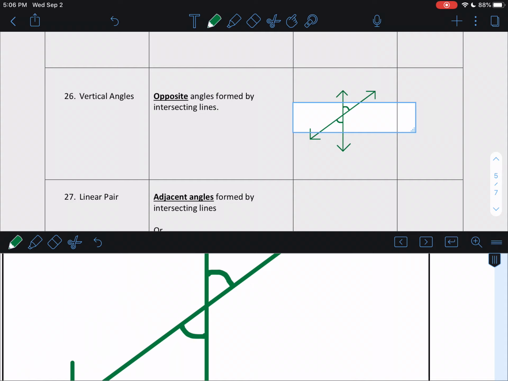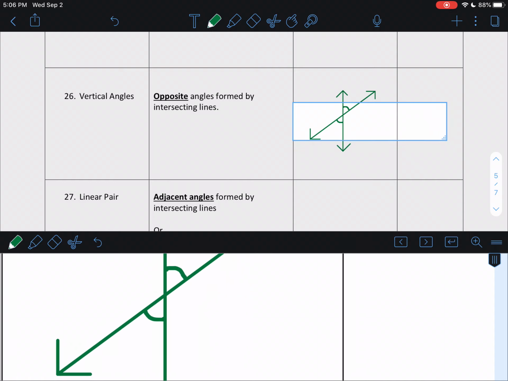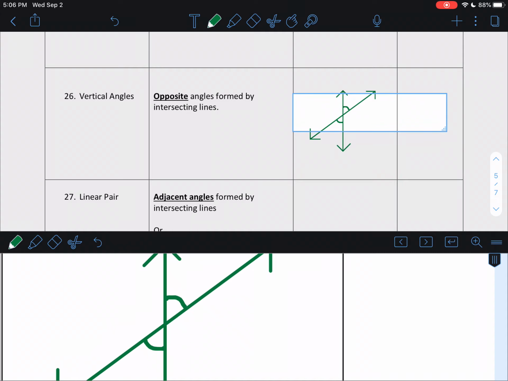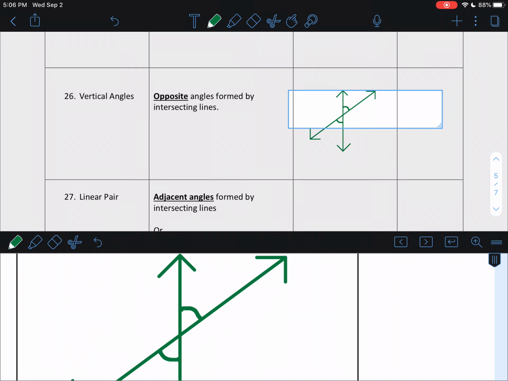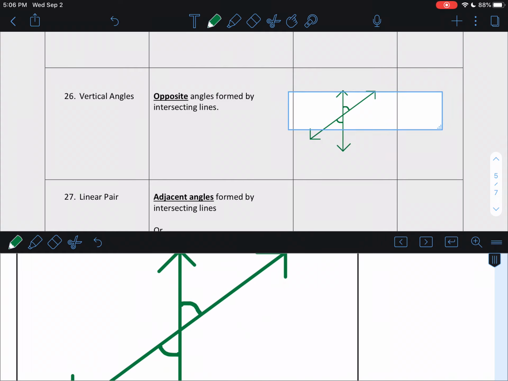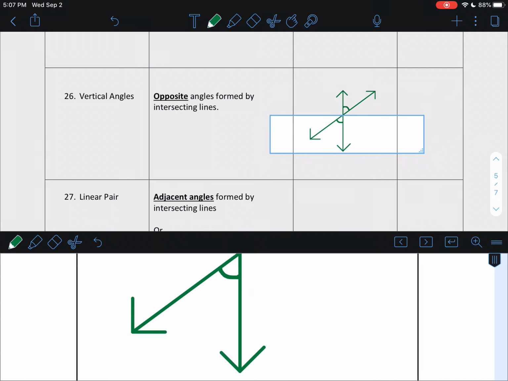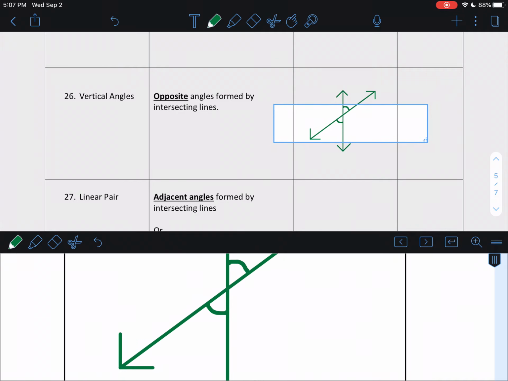So the reason I put just one mark on each of them is because vertical angles will always have the same measure. They are always going to be congruent angles. They will always have the same measure as one another, meaning that this first angle that I did here is going to equal this second angle here, and then I can draw another one here.